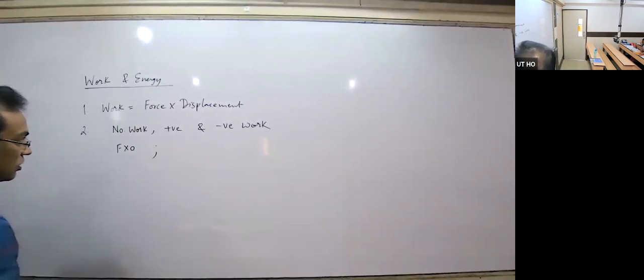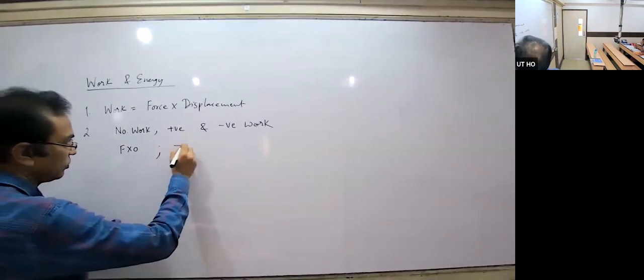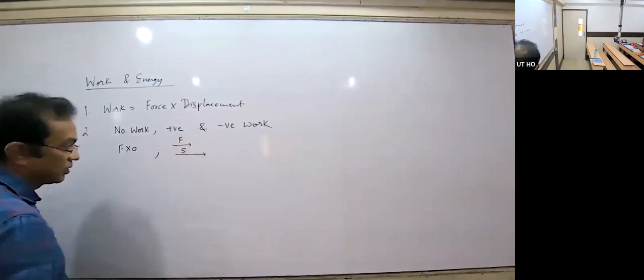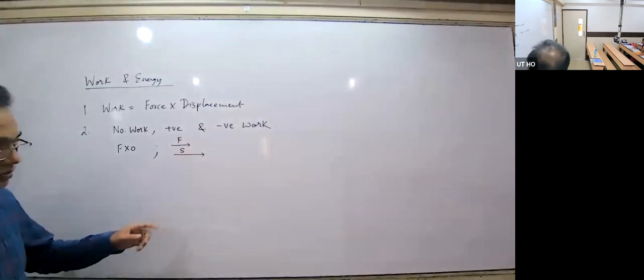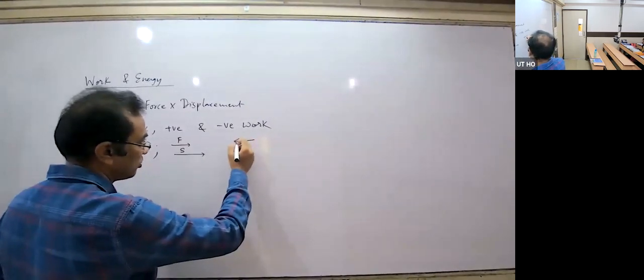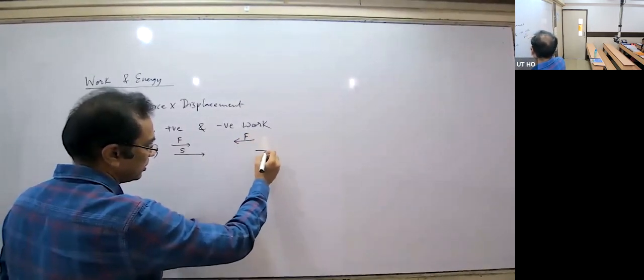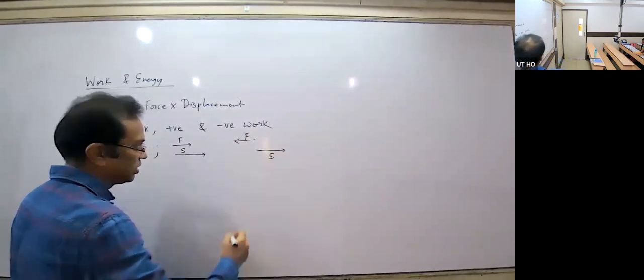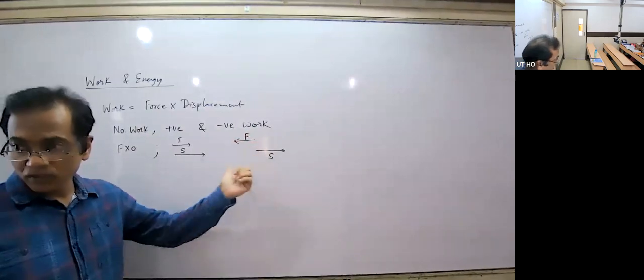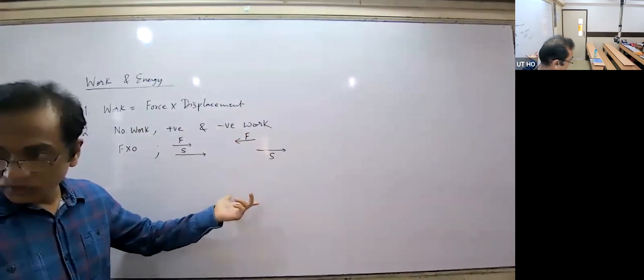That's when no work. Positive work when force and displacement are in the same direction, right? That's when the work is positive. And negative when force and displacement are in opposite directions. Could be force in this and displacement in this direction. Any which ways, right?